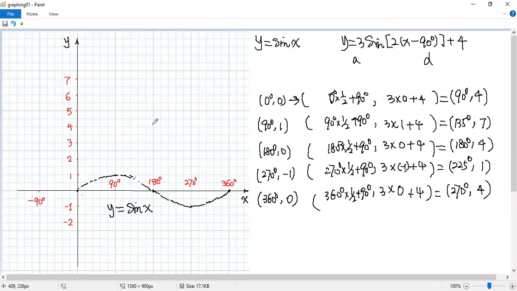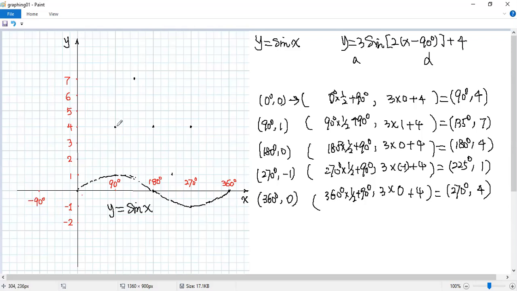Let's plot them. So 90 and 4. 135 and 7. 180 and 4. 225 and 1. 270 and 4.